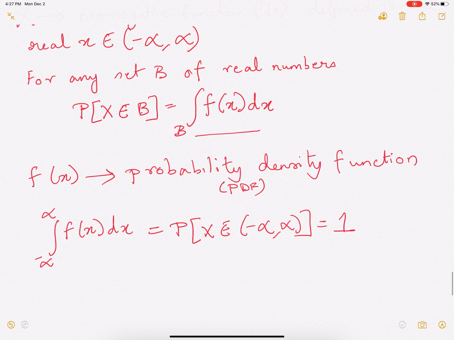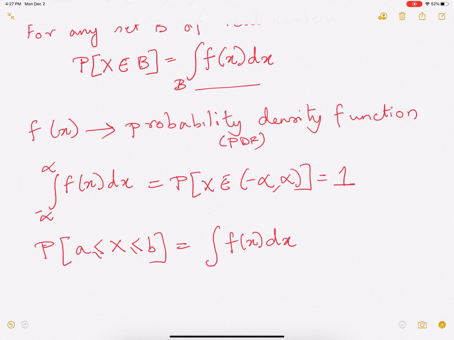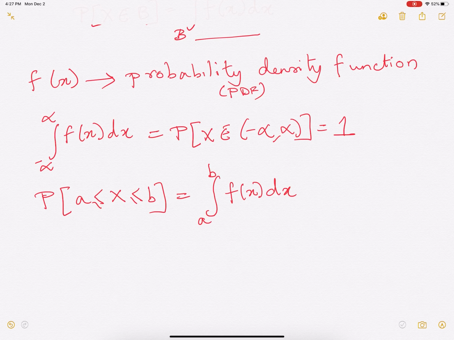Now if you want to find the probability that x lies within a certain range, say the probability of a less than or equal to x less than or equal to b, that can be simply obtained by integrating fx dx between a and b. And one thing to note is that because it's a continuous random variable, and x can take an uncountable number of values, the probability that x takes a particular value a is going to be 0.